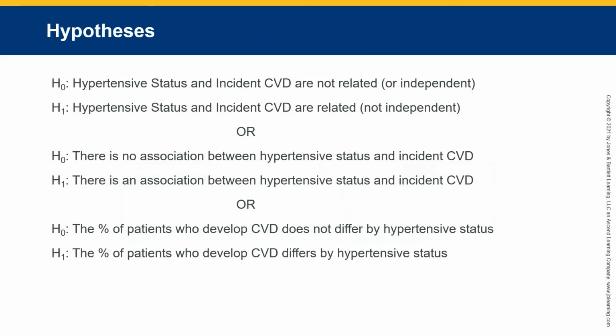And so here are several versions of the way we might write our hypotheses. So first, hypertensive status and incident CVD are not related or are independent. Another way to say that is there's no association from a statistical perspective between hypertension and incident CVD. Same, the percent of patients who develop CVD does not differ by hypertensive status.